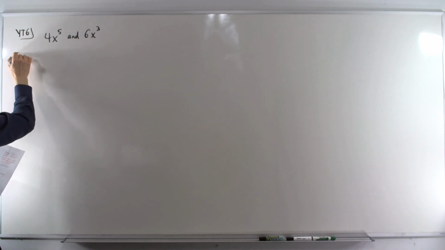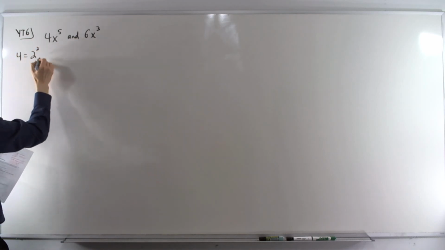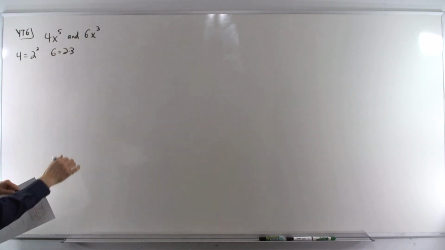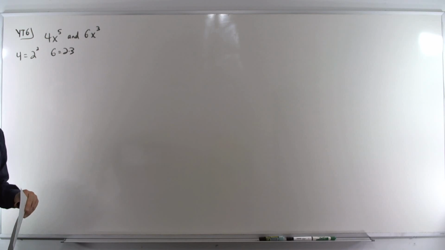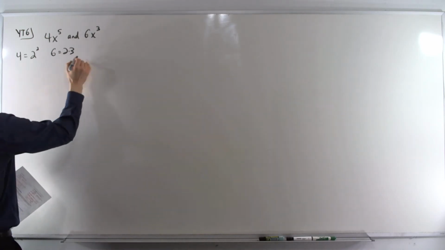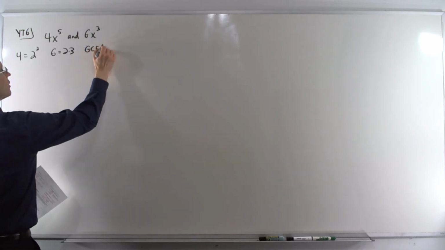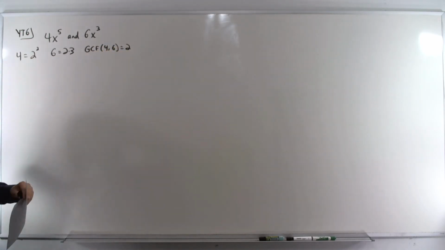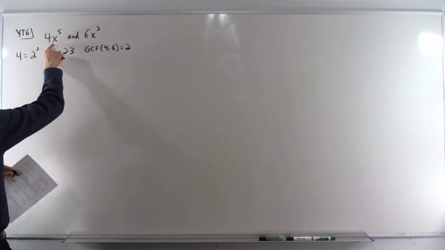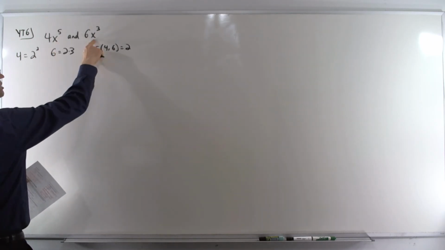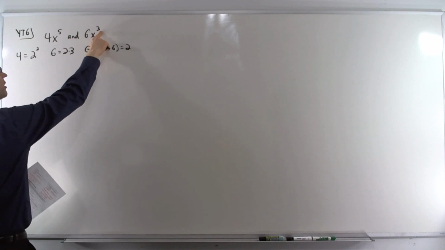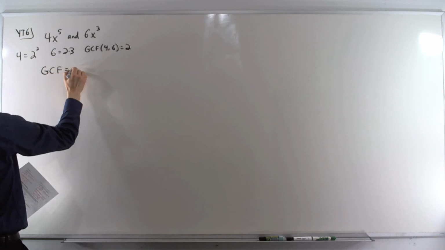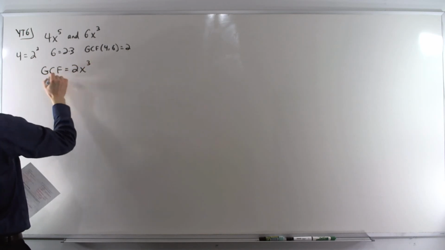So we'll do the numbers first. 4 is 2 squared, and 6 is 2 times 3. So our only matching base is 2. The smaller exponent is 1, so that makes the GCF of 4 and 6, 2. Now we'll look at the variable. We have x to the 5th, matching base, x to the 3rd, smaller exponent is 3. That makes the GCF 2 x to the 3rd power.